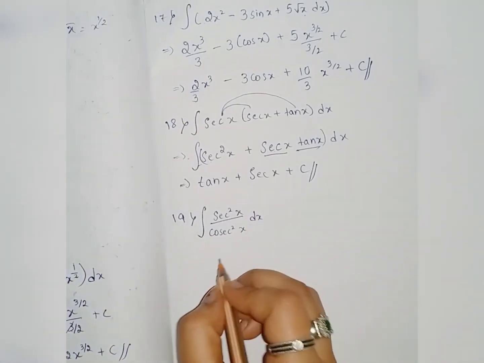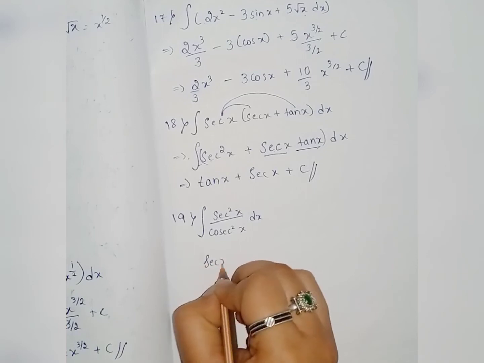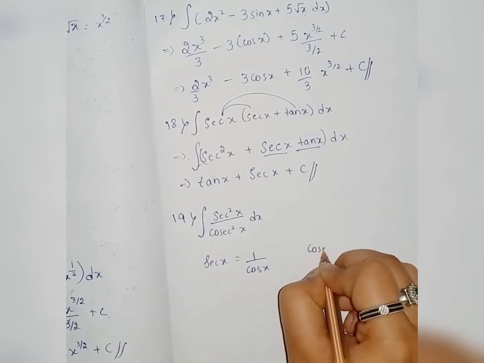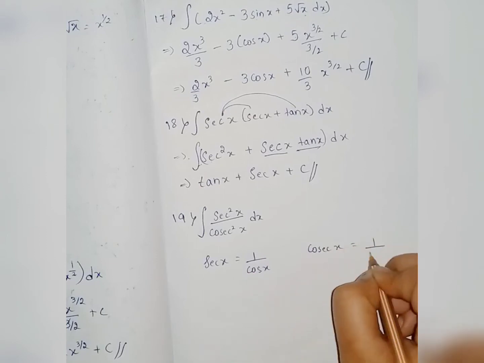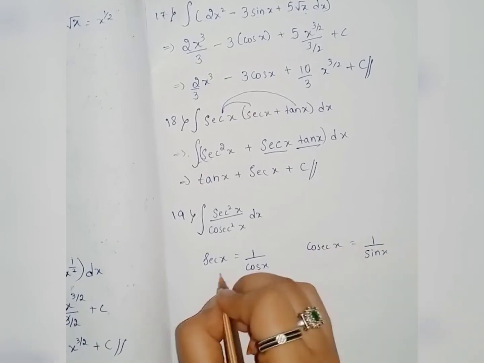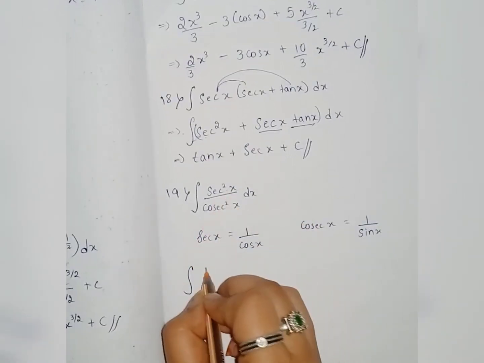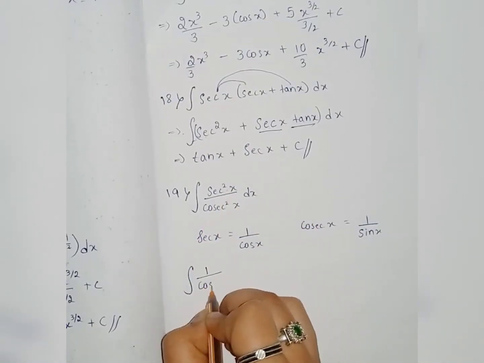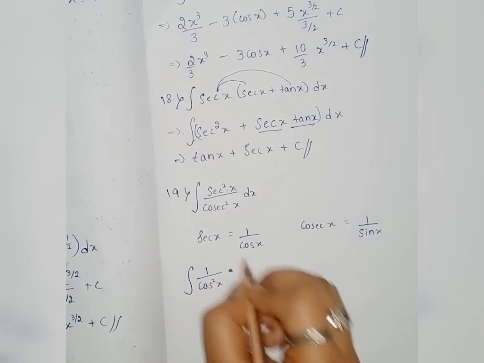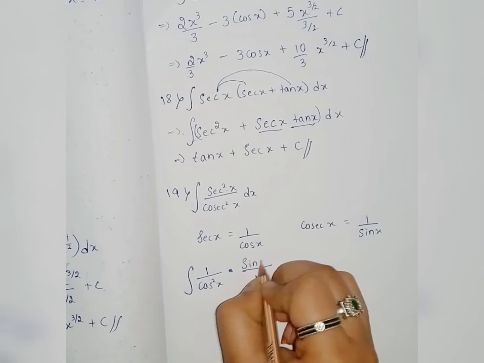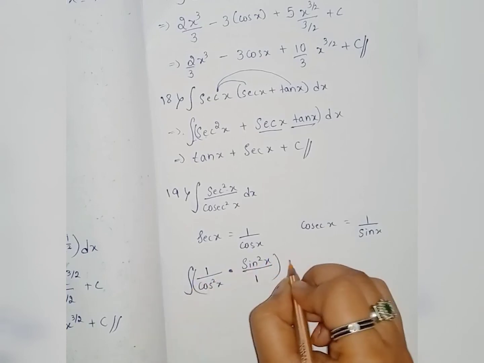We know secant x is equal to 1 by cos x and cosecant x is equal to 1 by sin x. On substituting these two, we get integration of secant square x is 1 by cos square x into cosecant square x is 1 by sin square x dx.